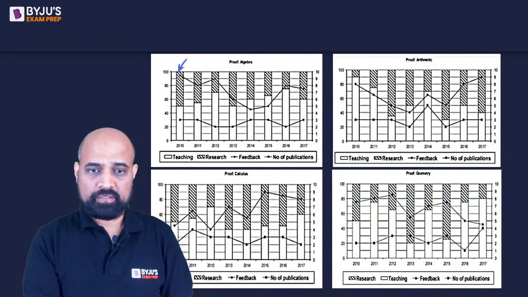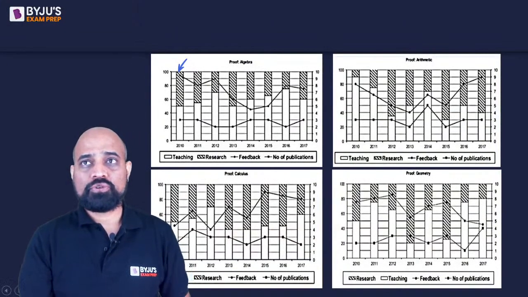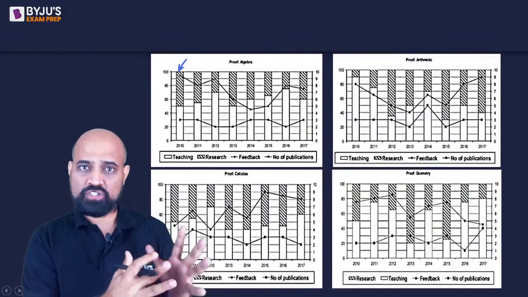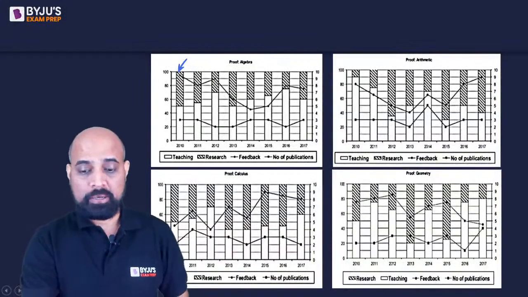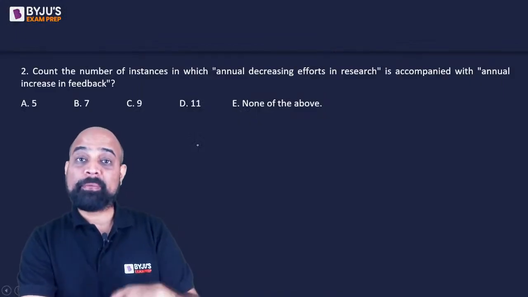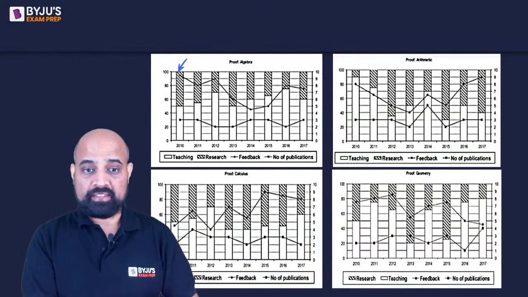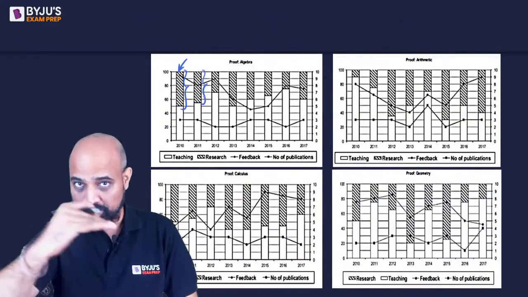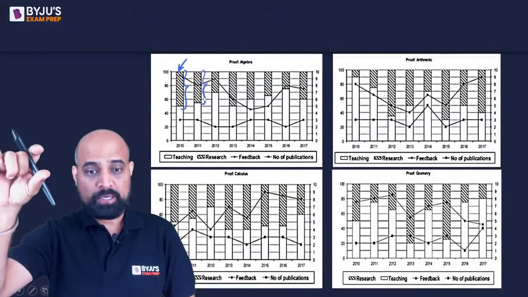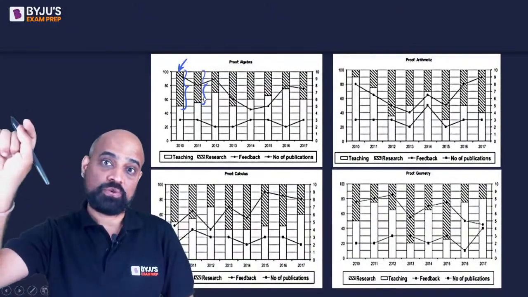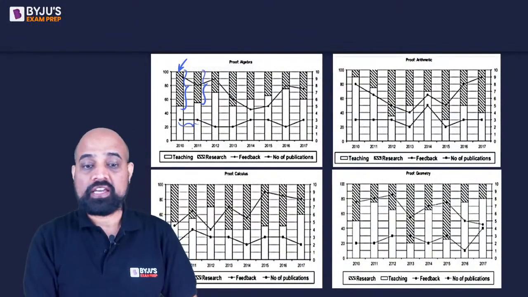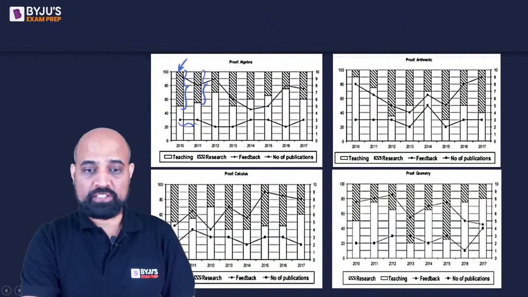The time spent on doing research is decreasing, but the feedback is increasing. As in, the length of the shaded bar for 2 consecutive years should decrease, become smaller, but feedback should increase, go higher. In this case, the feedback is the same, so we can't include this.